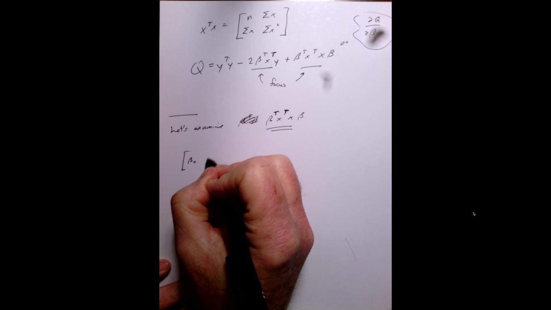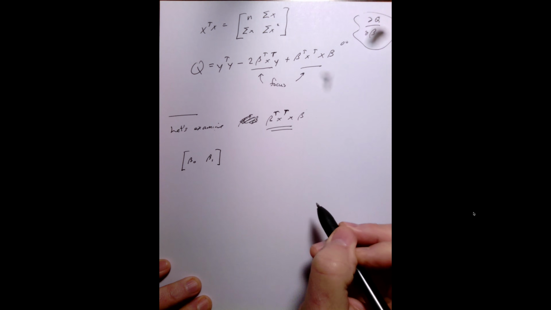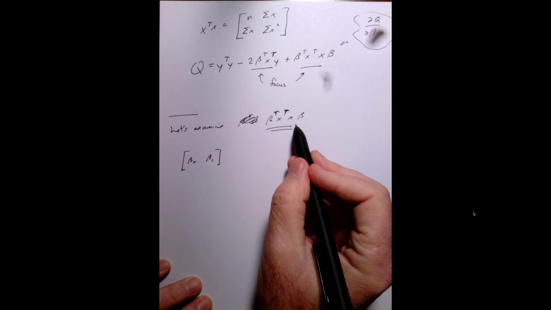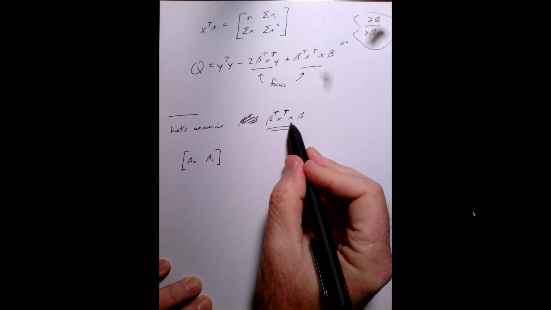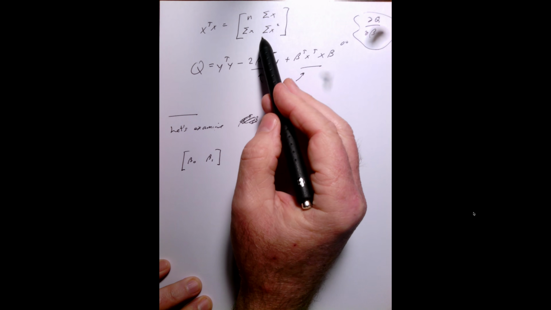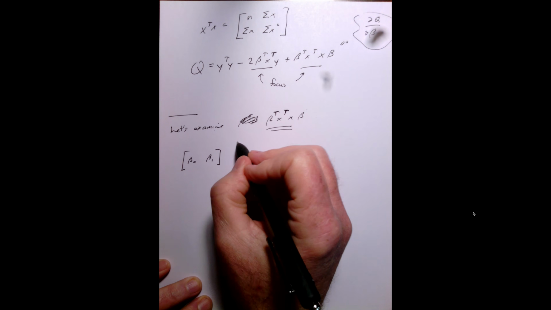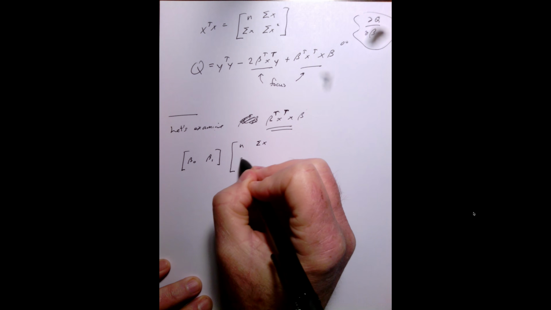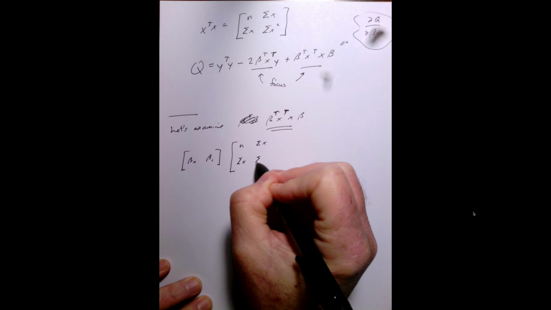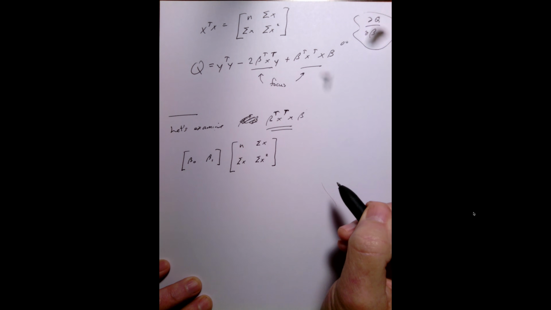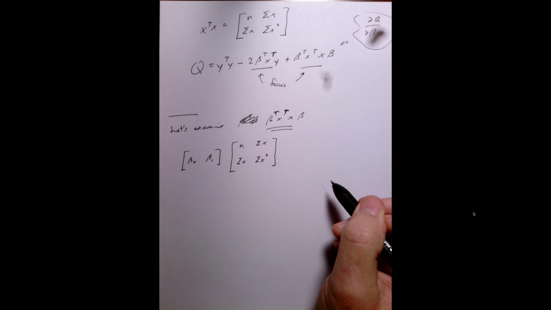That's just a 1 by 2 matrix. What does X transpose X look like? Well, we know ad nauseum, because I've presented this I don't know how many times, and I presented it that many times because I knew this was coming.